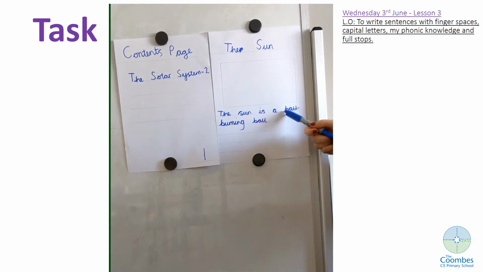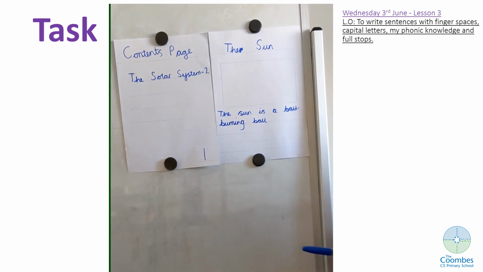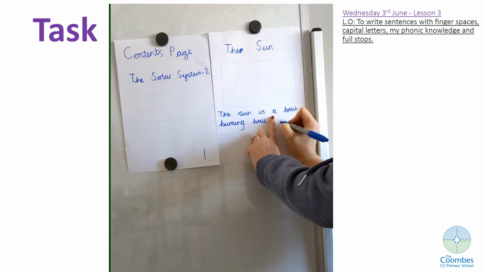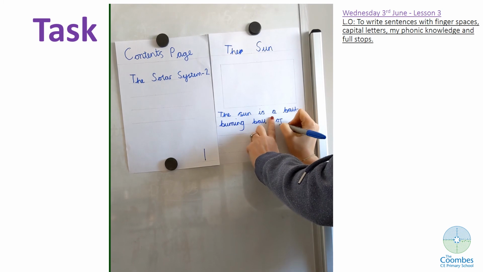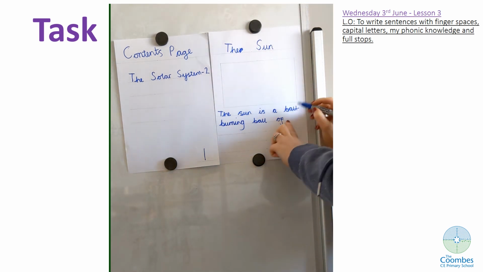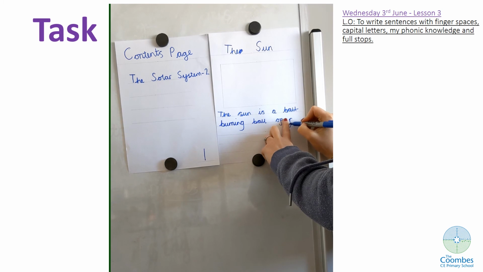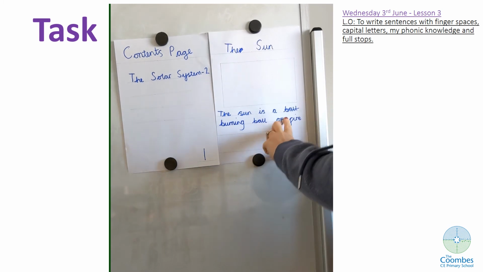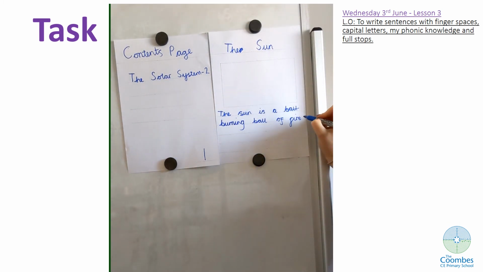The sun is a burning ball of fire. Of red words. And then we've got the word fire. And that, we can remember that one, it's got the I in it, which is rhyme fire fire. So, fire. End of my sentence, what do I need? Well done, a full stop.